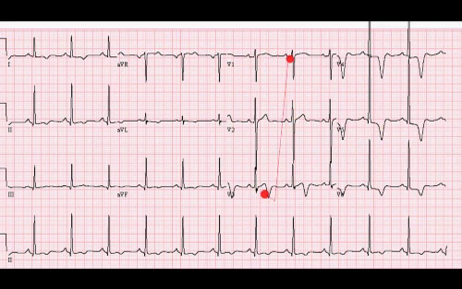Okay, so now we're in a tracing with deep T-wave inversion in the chest leads, which is a very serious thing to have, and could be a sign of imminent ischemia in the left anterior descending.